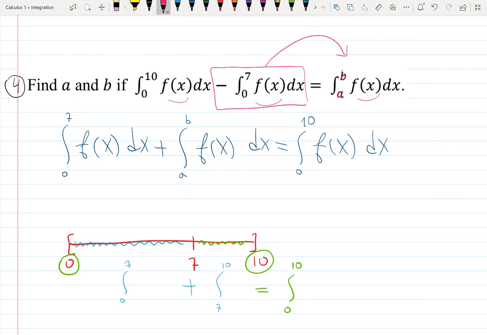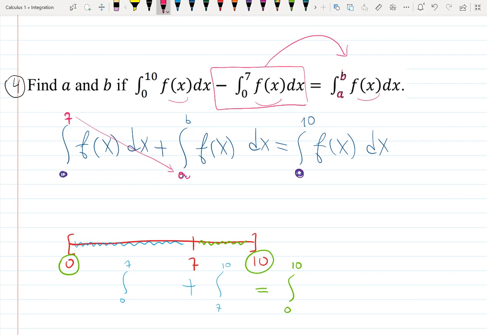I'm having the integral from 0 to 7, then from a to b, and it gives me the integral from 0 to 10. So we started from 0 and ended at 10. That's a good part. Then the gluing point is 7.